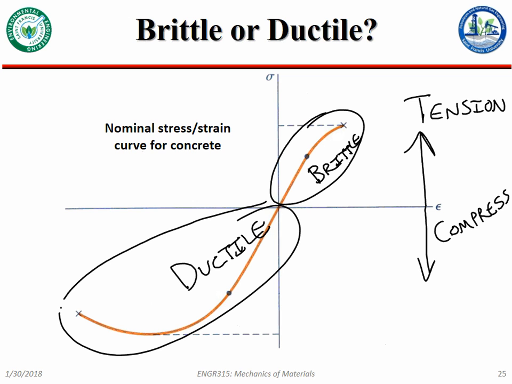So you can have materials that exhibit characteristics of both, but it's not always true. There are some that are just decidedly ductile in both tension and compression.